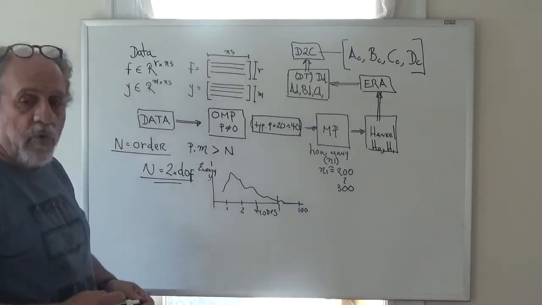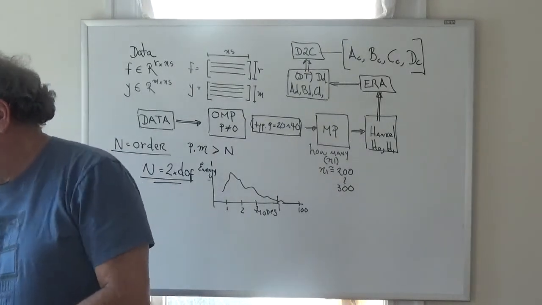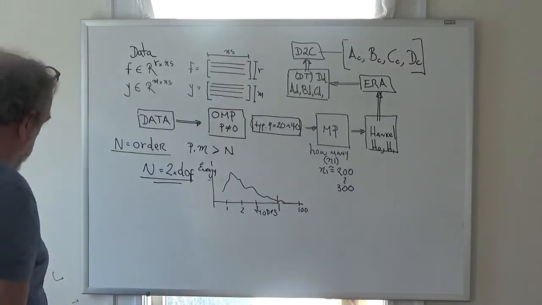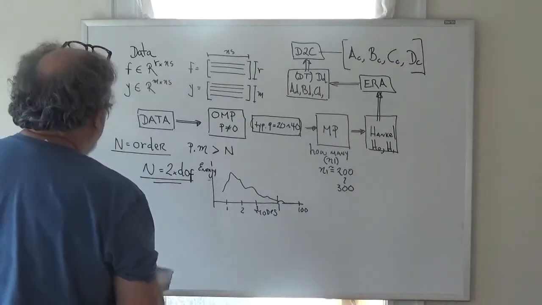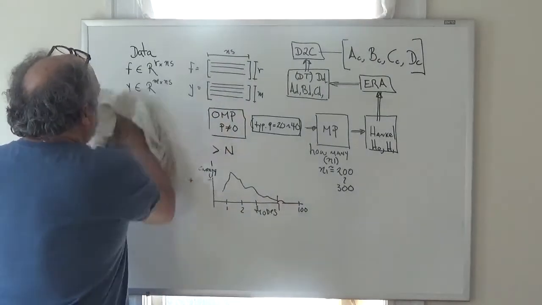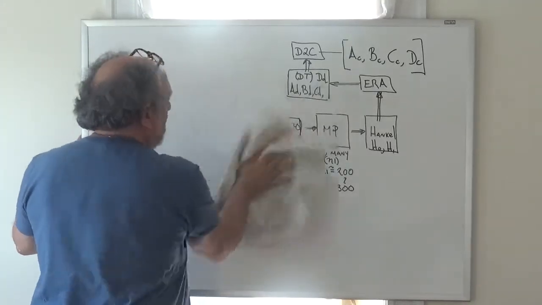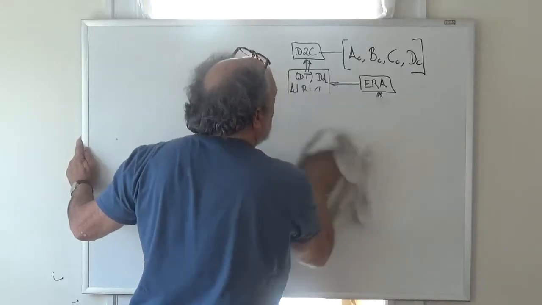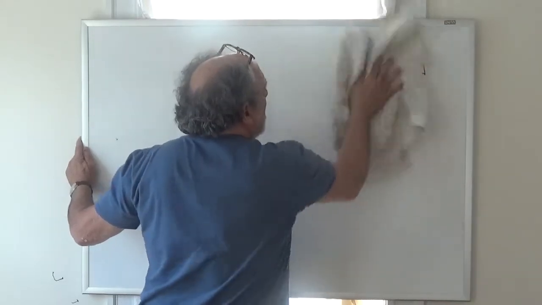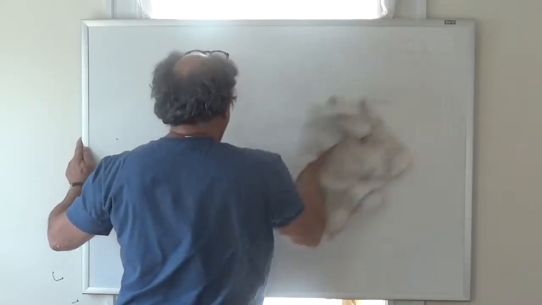So I am going to erase the board to have room to put the equations for the D to C. So I said this thing is kind of a mess. So usually after erasing one has to clean. This was not too bad this time.